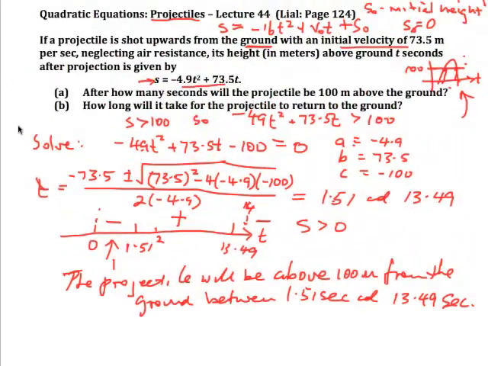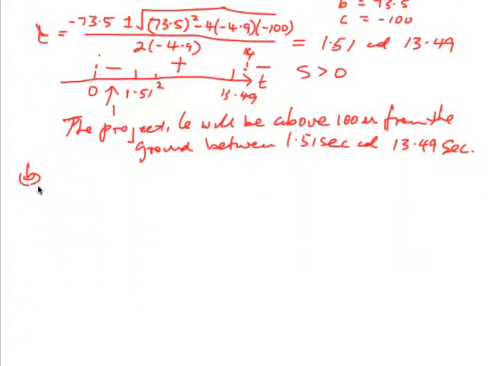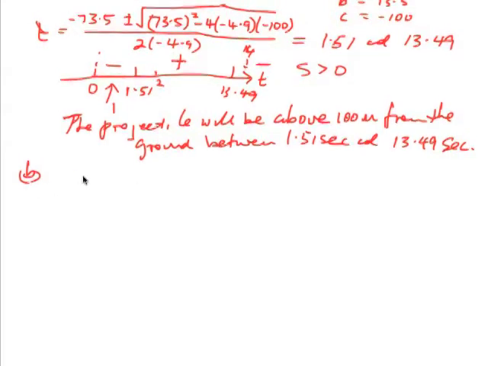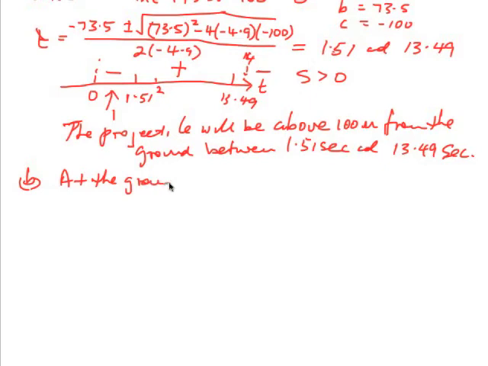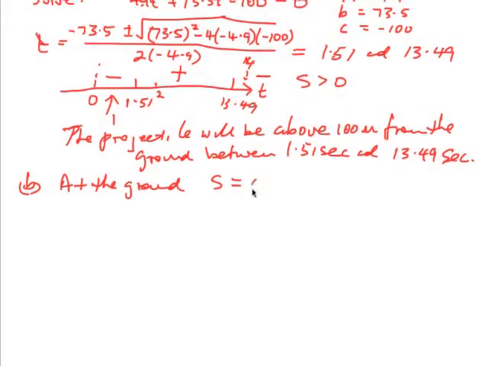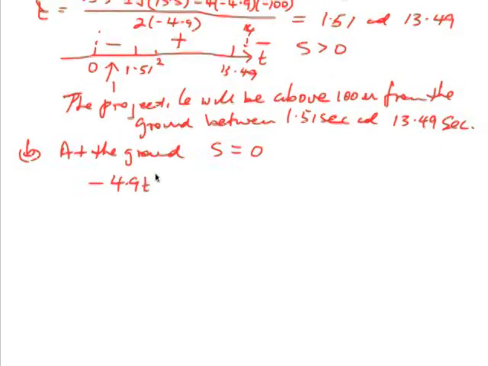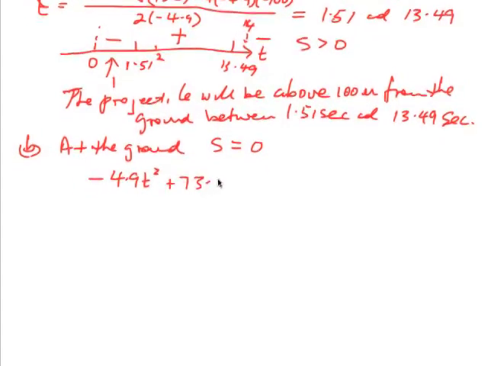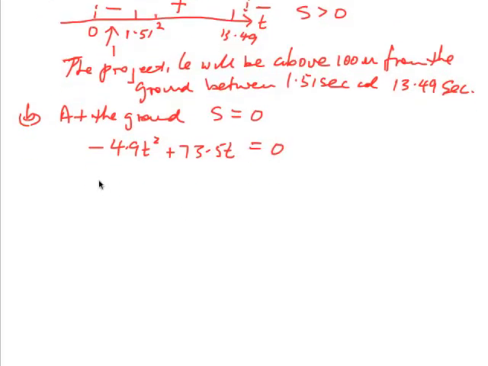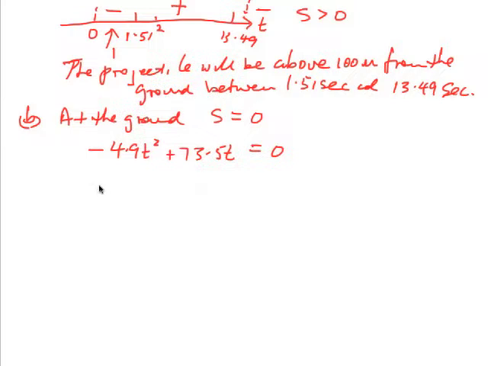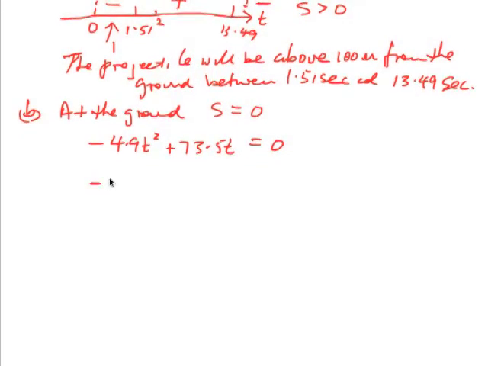Now that's part A. Part B says how long will it take for the projectile to return to the ground. At the ground, we have S equals 0. So we're looking for when negative 4.9t squared plus 73.5t is equal to 0. Now we can take out a factor of t here, or negative t even.